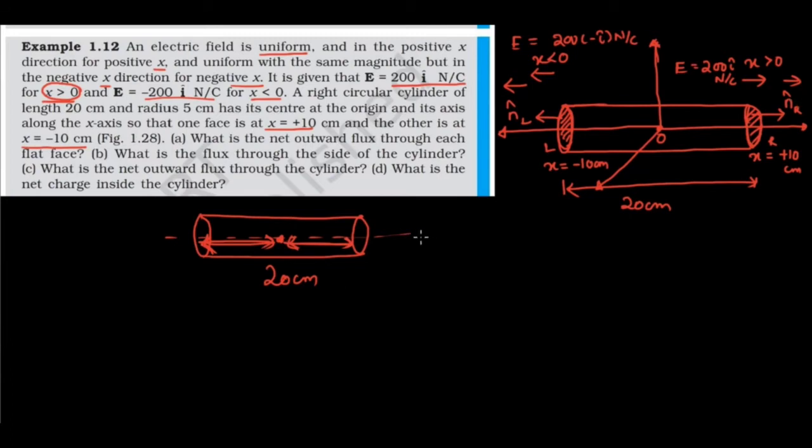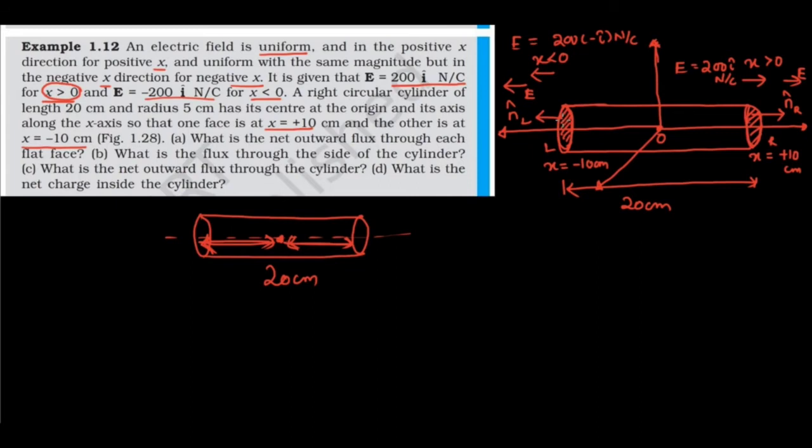Okay, so the left face is present towards left of origin, and in this region electric field is towards left. You can see that this is E vector, this is also E vector. Towards right of origin electric field is towards right, and towards left of origin electric field is towards left.